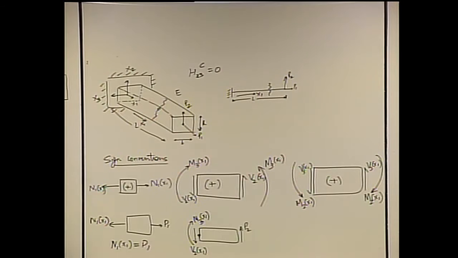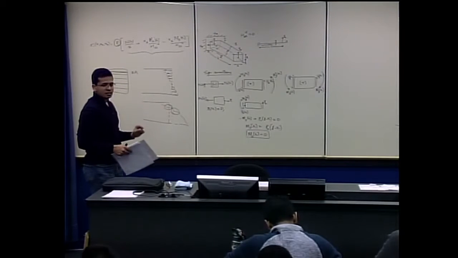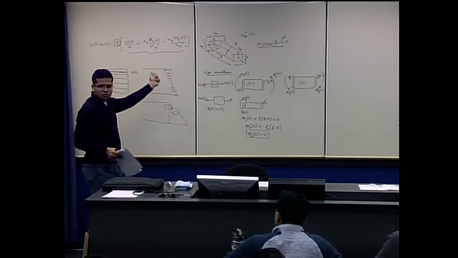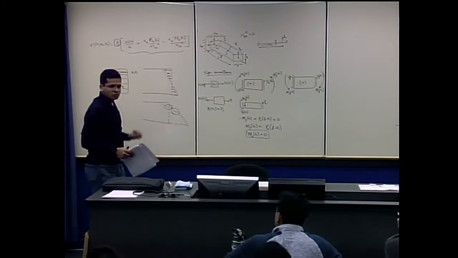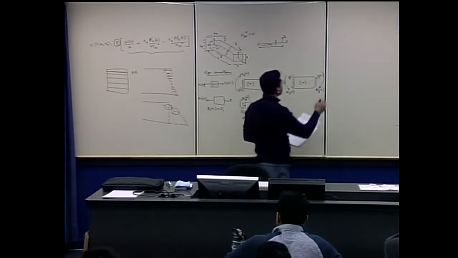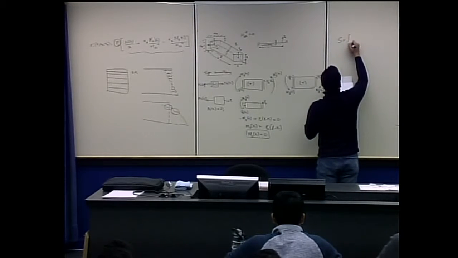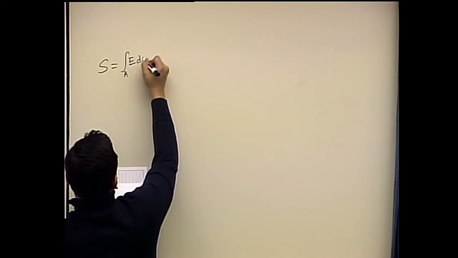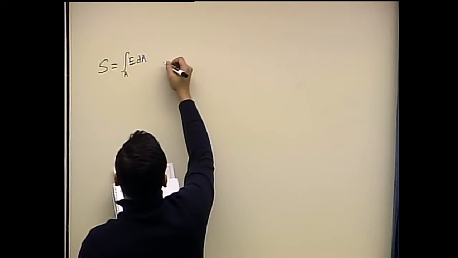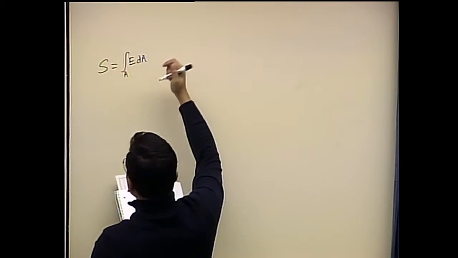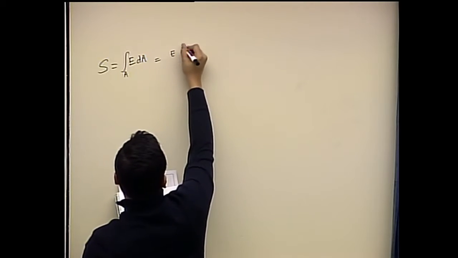So now let's evaluate the sectional constants S and H33C. We do not need to evaluate H22C because that term is 0. So S we know is equal to integration over the area, E dA. So E here is uniform, so we can take that out of the integral.